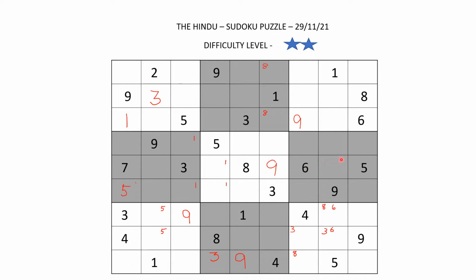Moving down here, this 1 blocking here, and we have 1 blocking here, and there is one more 1 blocking here, right? So this is blocked, here it is blocked. So this cell takes a 1. So there is no 3, it takes 1.